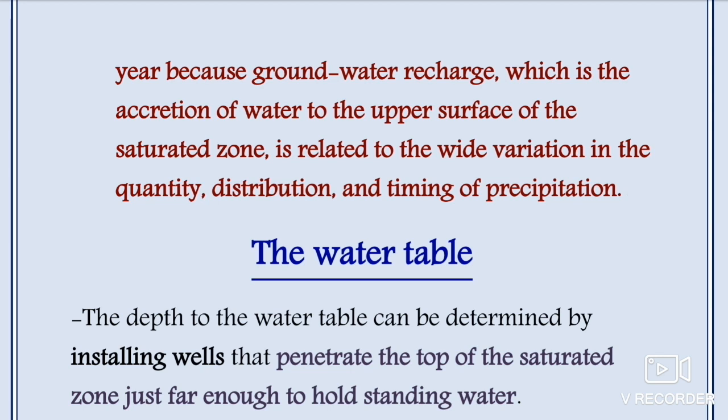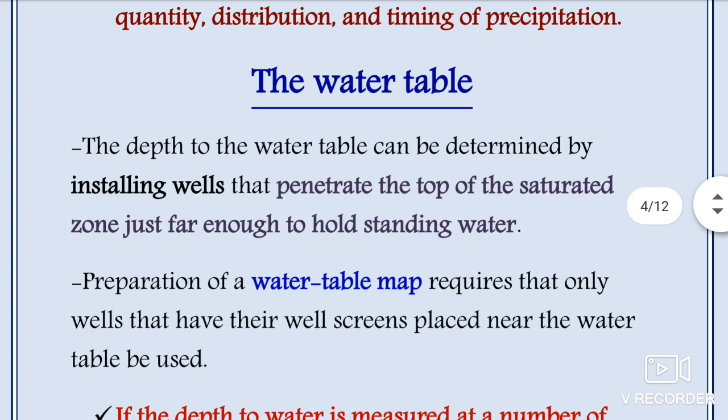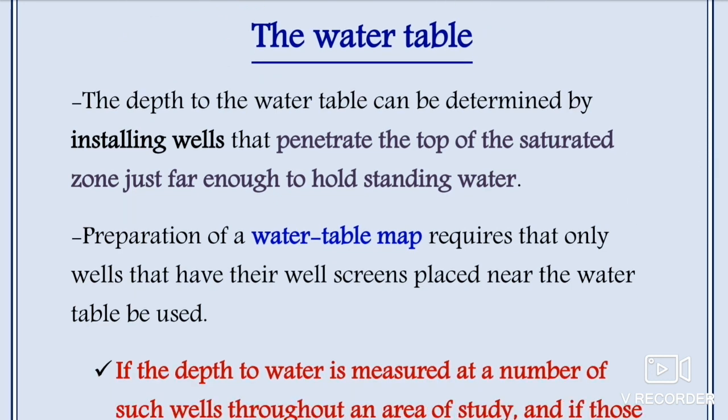And now we will go to the water table maps. The depth to the water table can be determined by installing water wells that penetrate the top of the saturated zone, just far enough to hold standing water. The preparation of water table maps is very important.